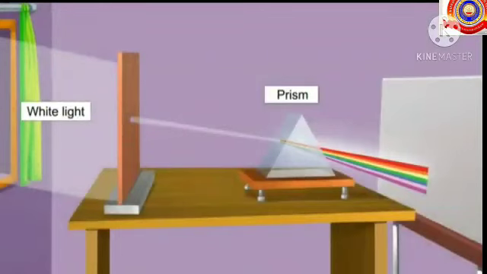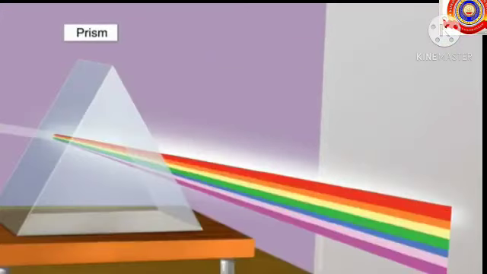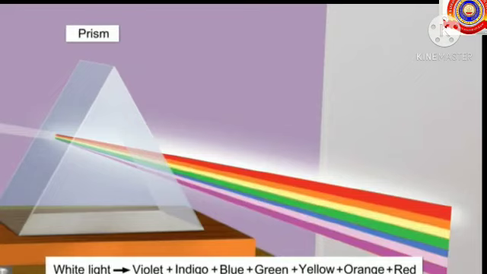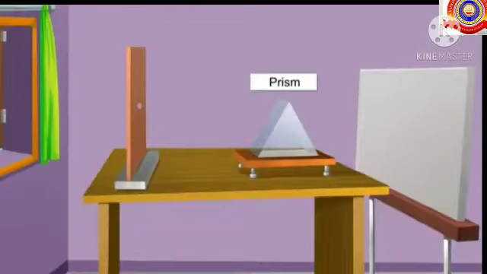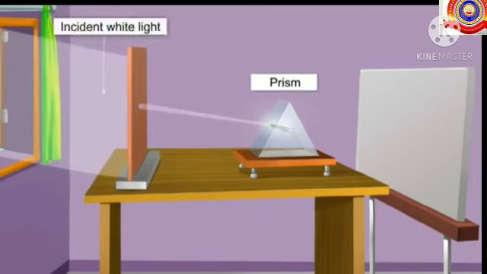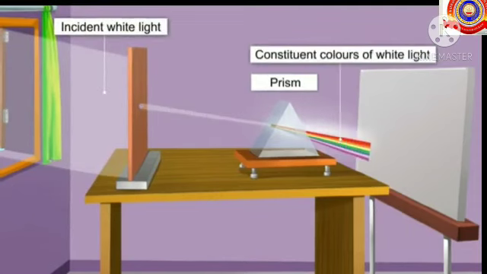The light coming from the sun is white, and this white light consists of the 7 colors. When the white light coming from sunlight falls on the prism, it splits into its constituent colors. That means when the white light is incident on the prism, it enters the prism and splits into its constituent colors.